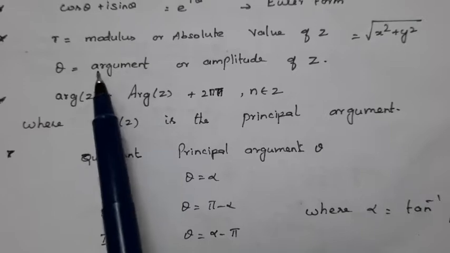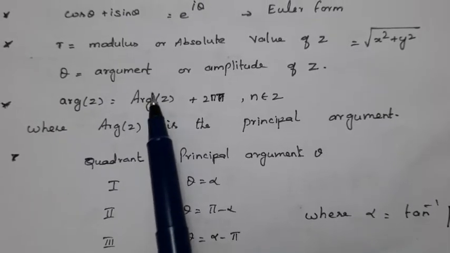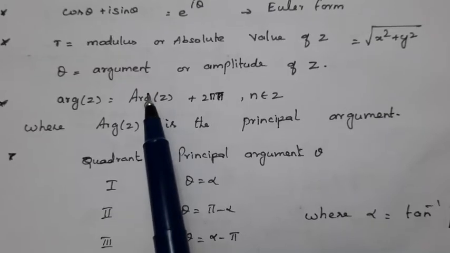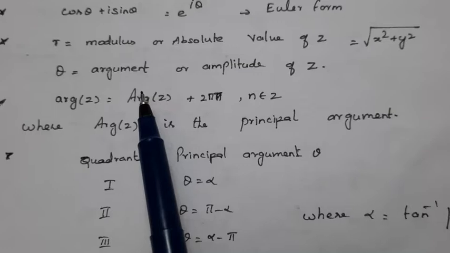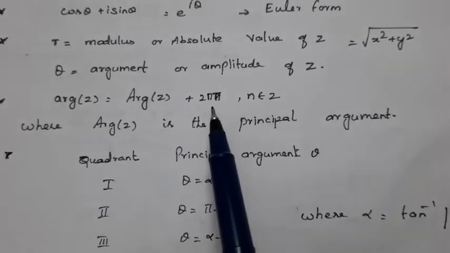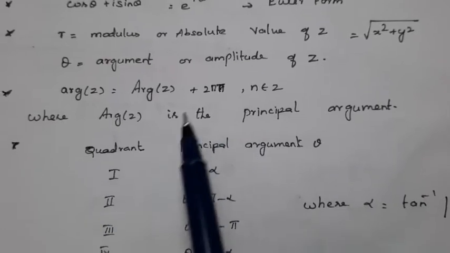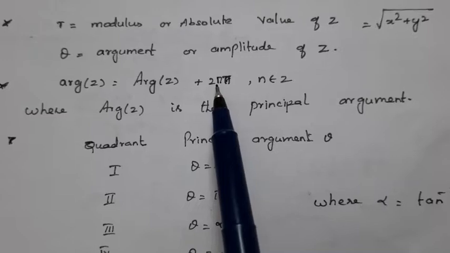That means this theta is not a single value. Even after one rotation, two rotations, the value gets repeated. For the same point, we will have different angles. Therefore, with the principal value, 2n pi is added.